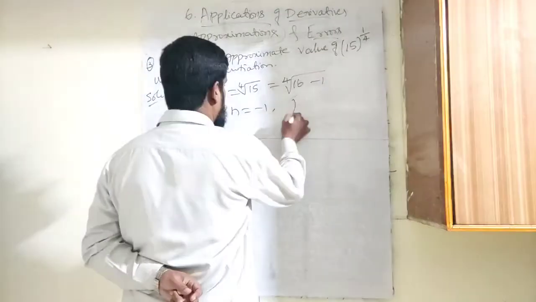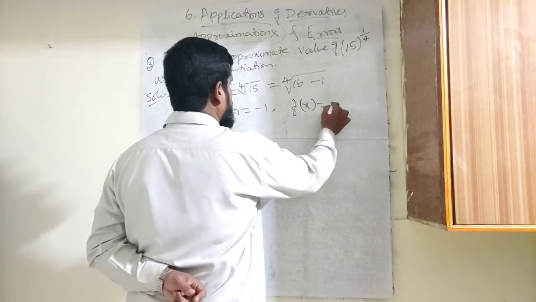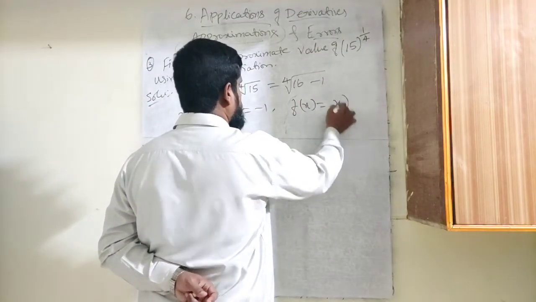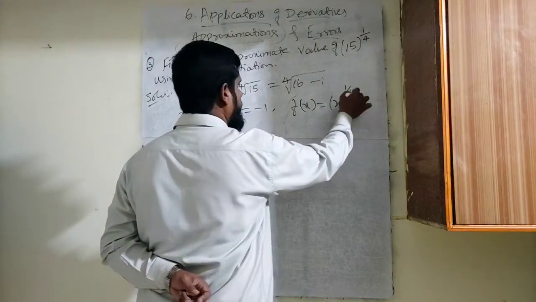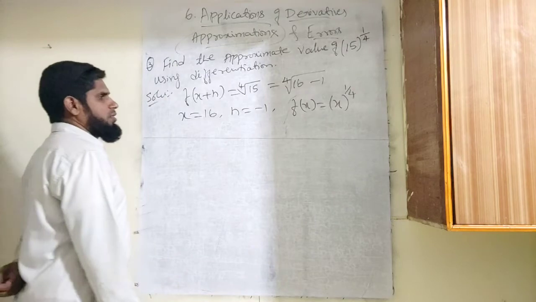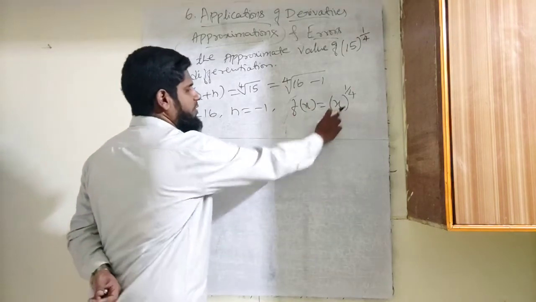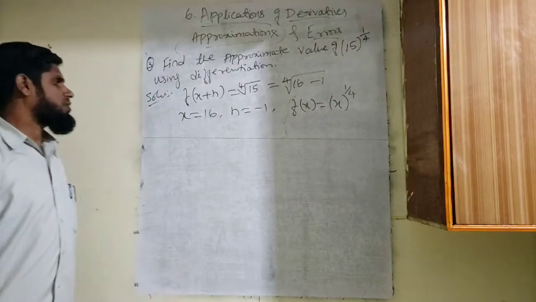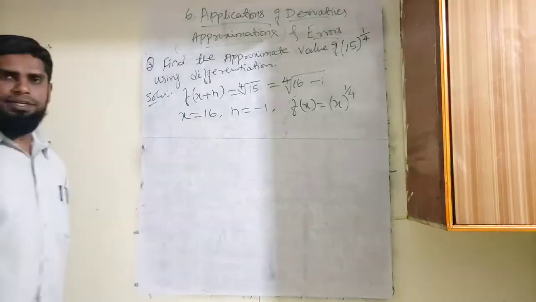And obviously our f of x is equal to x power 1 by 4, or fourth root of x. Okay, let us find its derivative at x is equal to 16.